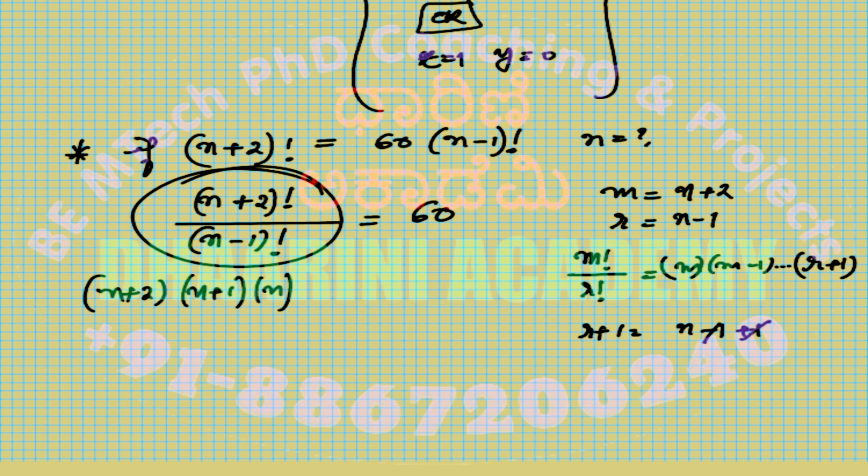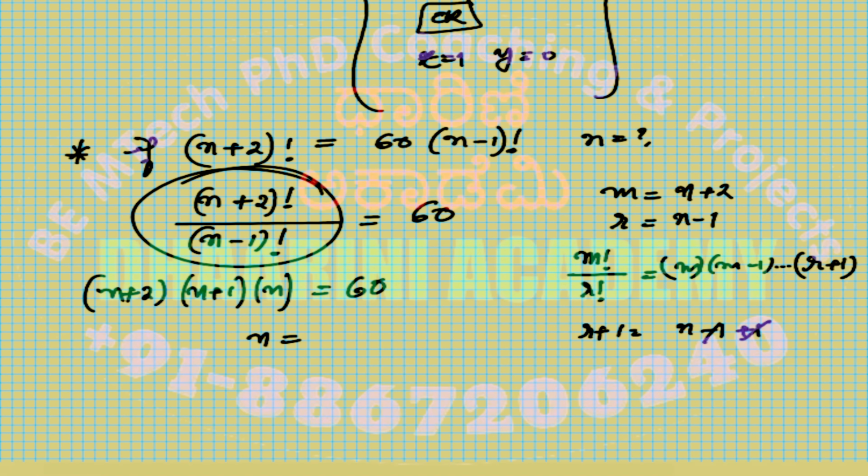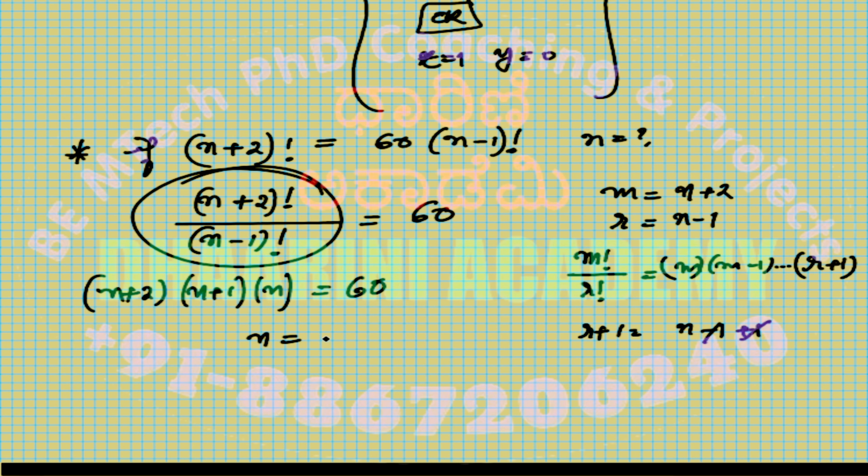This should be equal to 60. Simply solve this equation and find the value of n. So n into n plus 1 into n plus 2 should be equal to 60, and you have to find the value of n. If you solve this equation, you get n equals 3. That's the answer.